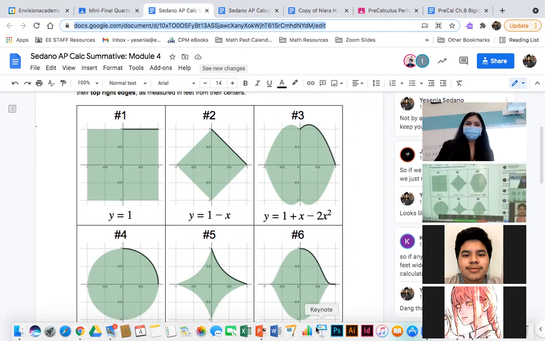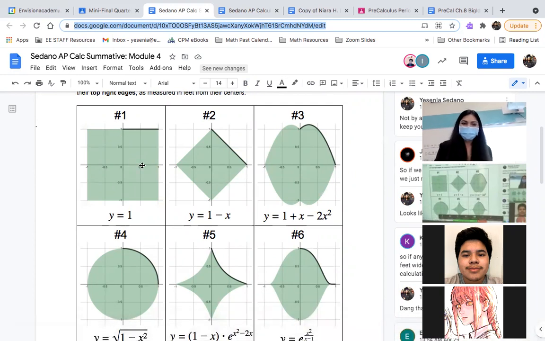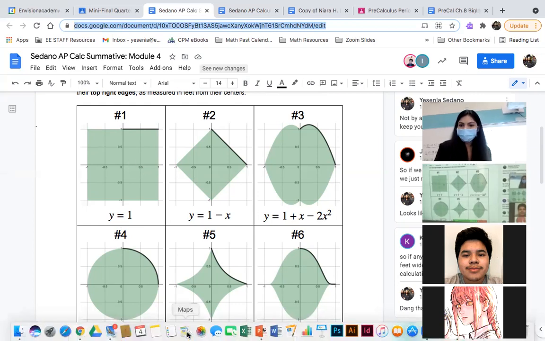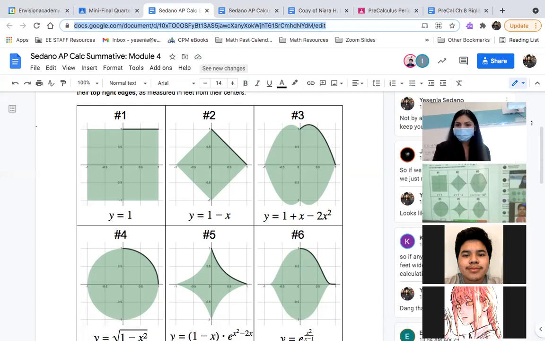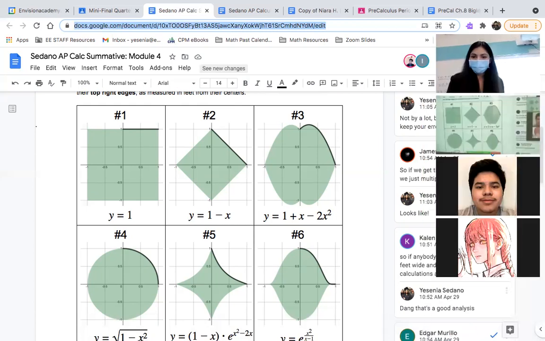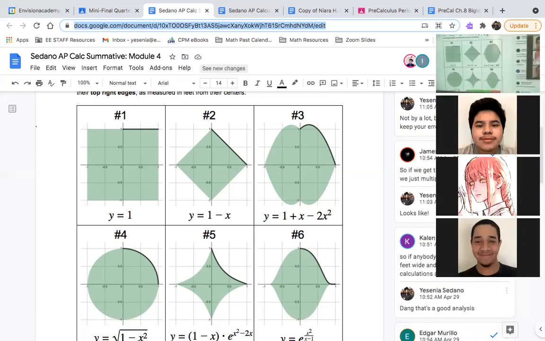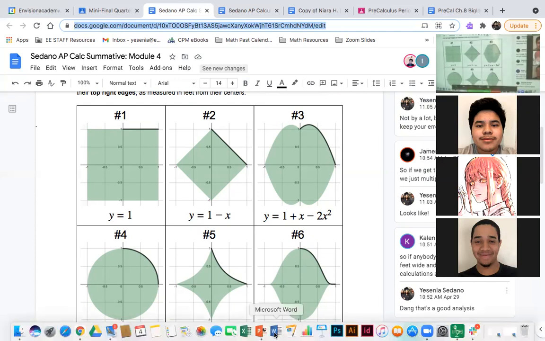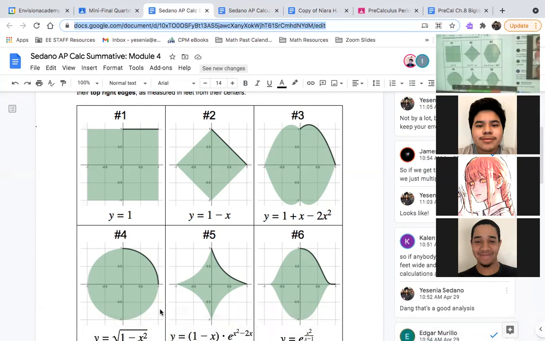How would we find the area of window number 1, everyone, using what we know here? We have a function, but we also have a shape that is very familiar to us. I'll put the question in the chat.